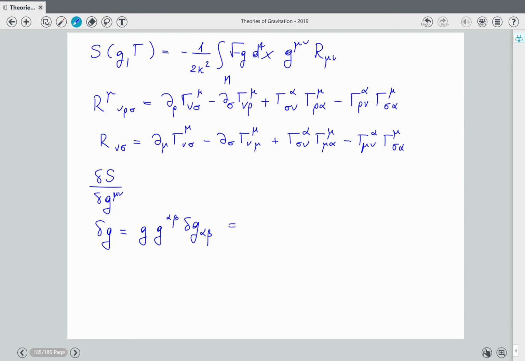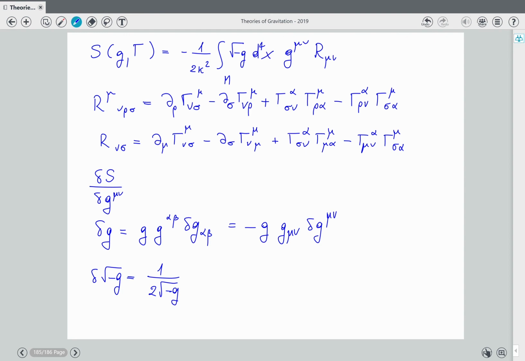But since we want to rephrase it, we want delta of g with upper indices, that's minus g alpha beta, or g mu nu if you want, delta g mu nu with upper indices. The variation of the square root of minus g is 1 divided by 2 square root of minus g times the variation of minus g.